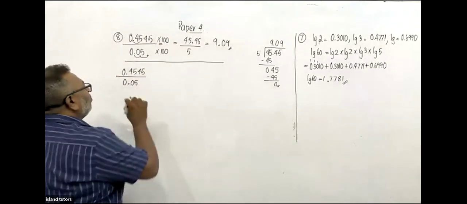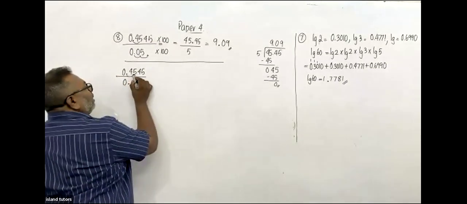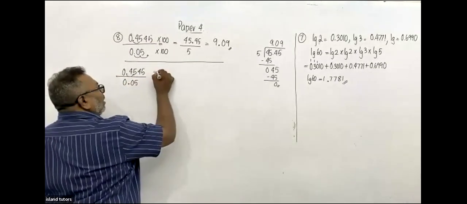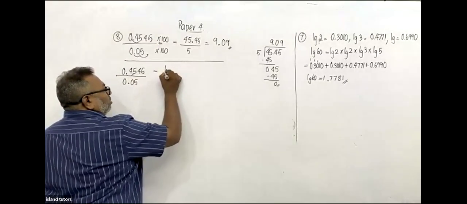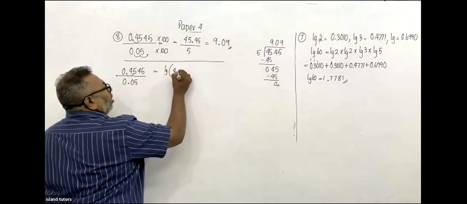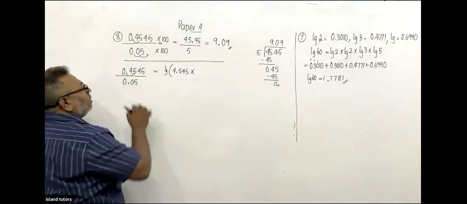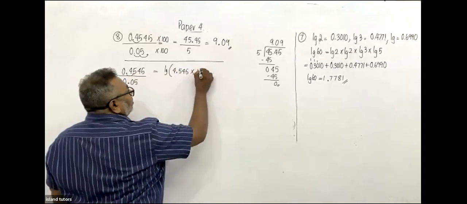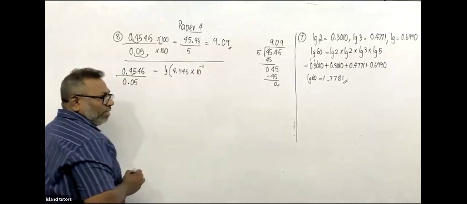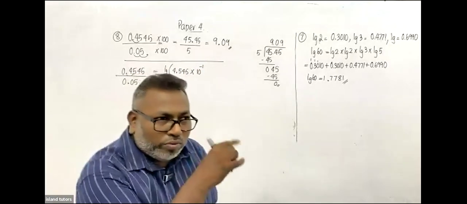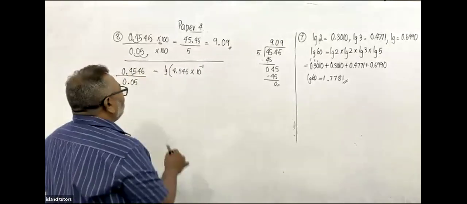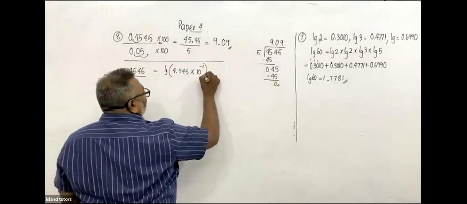So you have log 4.545 multiplied by 10 to the power minus 1. Decimal number, when you're moving to the right hand side, you're going to get a minus 1.